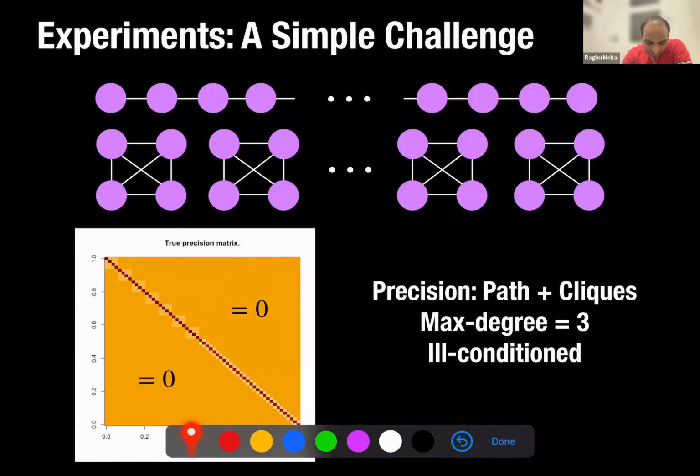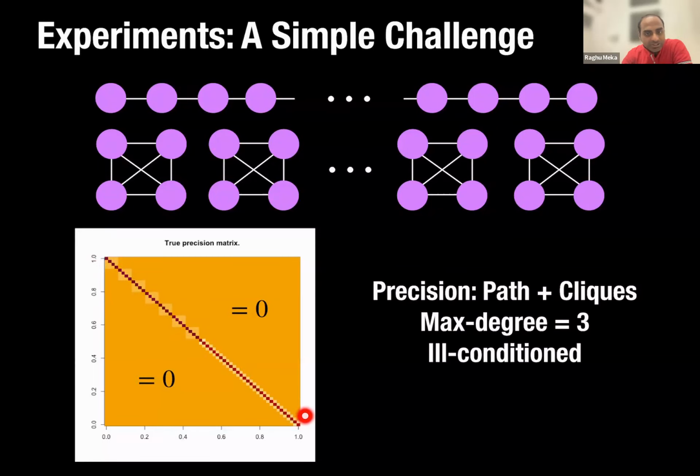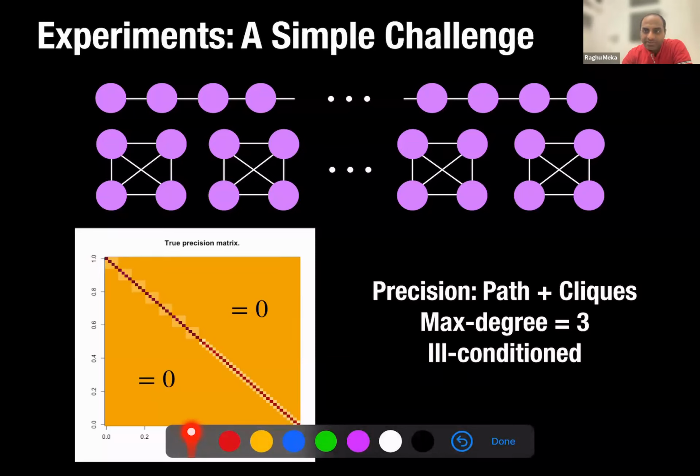Orange means 0. So there is a path, a strip along the diagonal, which is non-zero, and everything else is 0. It's a very simple looking precision matrix, right? So there are 3 off-diagonal entries which are non-zero. These cliques are shown here. And then this is just a path.